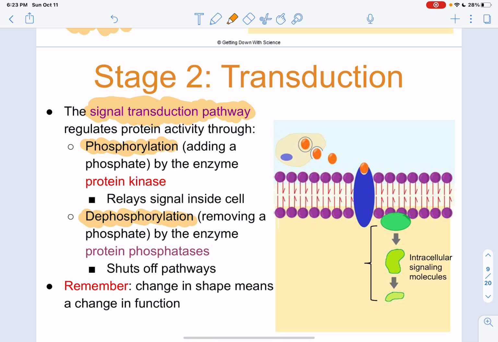We need to remove a phosphate, and that's going to shut off a pathway, whereas a phosphorylation is going to turn on a pathway. And remember, when we change the shape of an enzyme or a pathway or a protein, that's going to change the function of it, whether it's on or off.